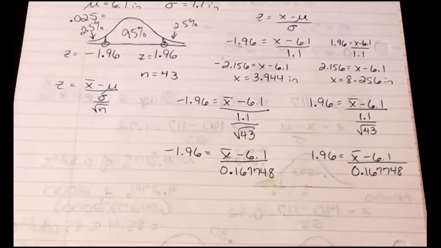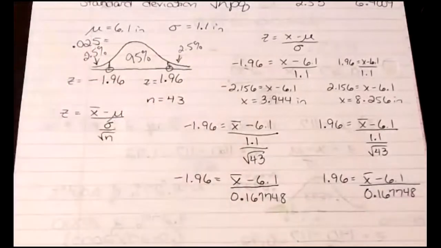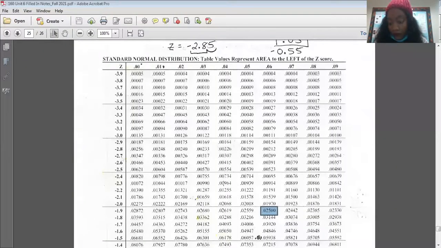How did you get negative 1.96 at the beginning? Oh, we go to the table. So if I know the area to the left is 0.025, we go to the z-score table, and I'm going to share that with you. I look in the inside of the z-score table, and I see that the area to the left is 0.025 here, and that pertains to a z-score of negative 1.96. Does that help?